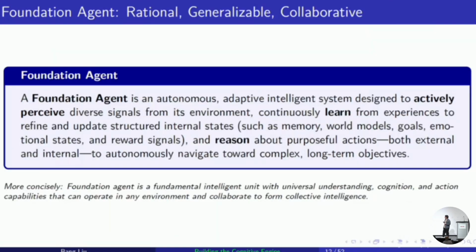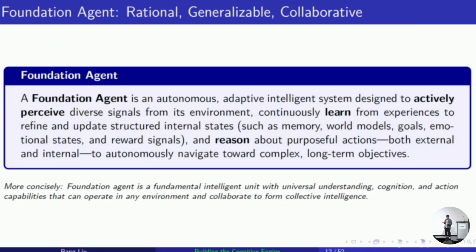So we define what we call the concept of foundation agents. We call it foundation because we hope that it can generalize to different types of tasks and different environments. And we emphasize its capability to form a multi-agent system, because even if you can build a super powerful single agent, it may not be the most effective and efficient way to solve complex tasks.